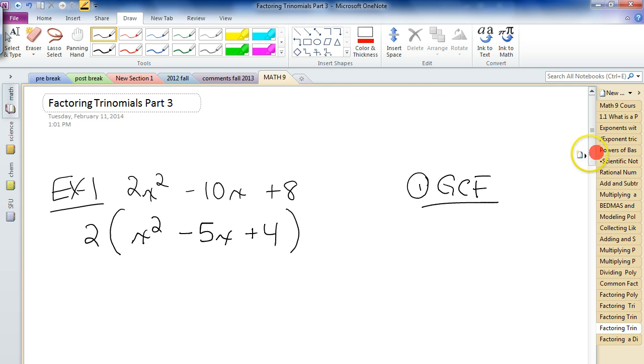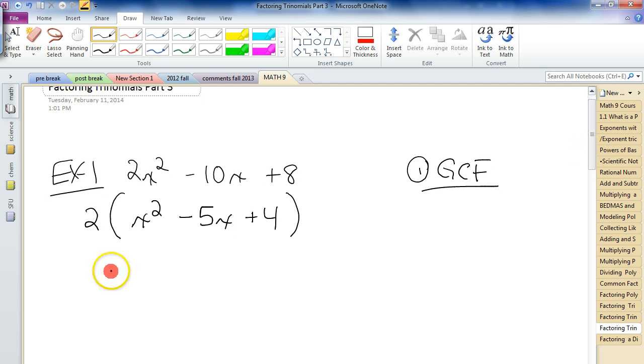And just to refresh your memory how to do the easy way, you set up your brackets. We look at the number here, 4. So it's 4. What numbers give us 4? 1 times 4, 2 times 2. Which of these add to give us negative 5? Well, to give us negative 5 and multiply to give us positive 4, that means that both the factors have to be negative, because a negative times a negative gives you a positive 4.